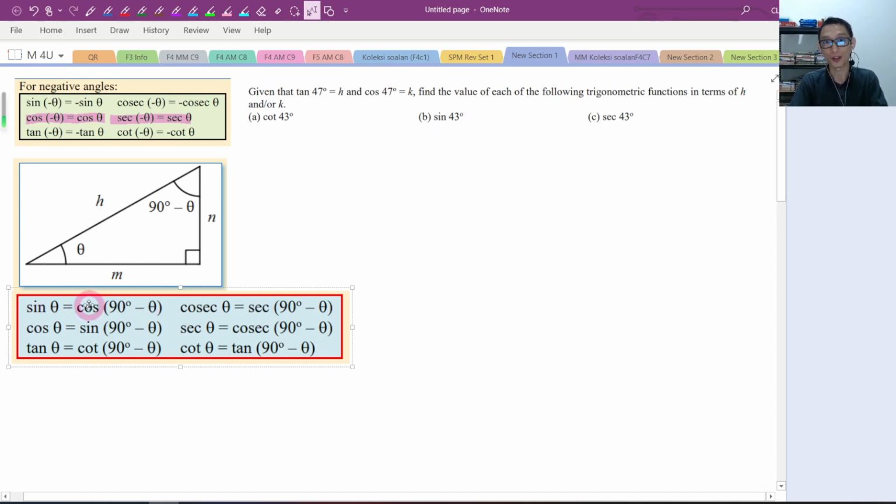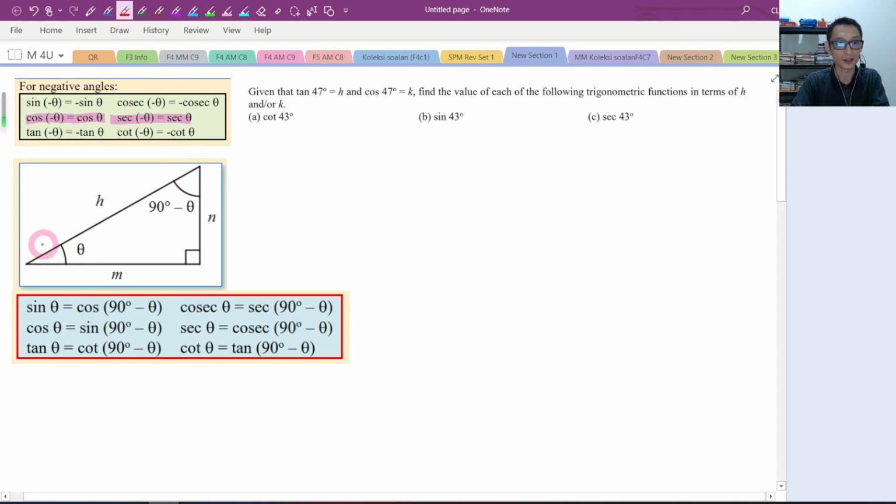Sine and cosine are one group, right? Cosine theta is equal to sine of 90 degrees minus theta. Secant and cosecant are one group. You see, secant theta is equal to cosecant of 90 degrees minus theta. Same thing here, cosecant theta is equal to secant of 90 degrees minus theta. And tangent and cotangent are one group. Okay, let me show you why it's like this.